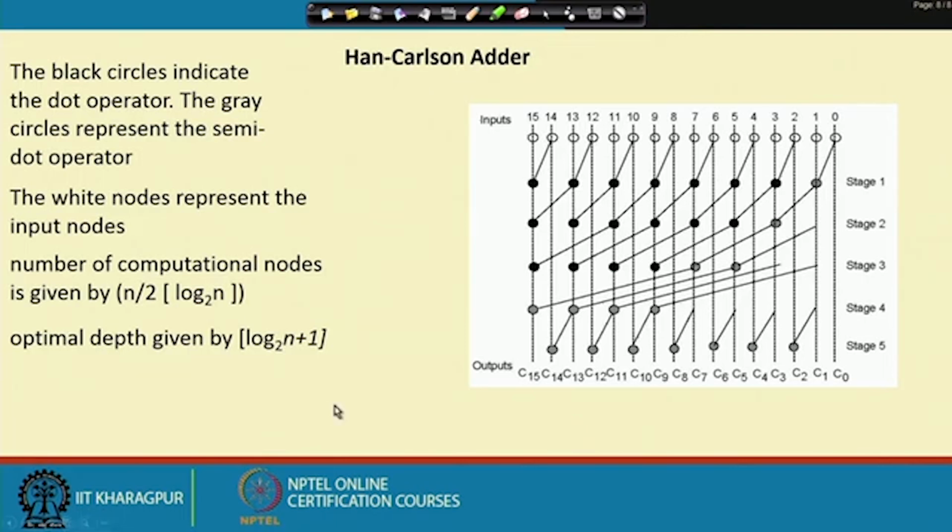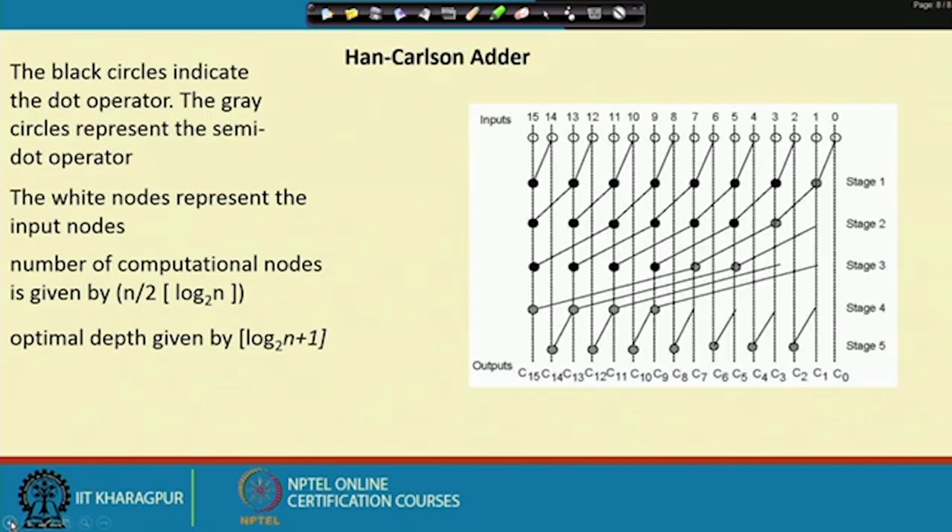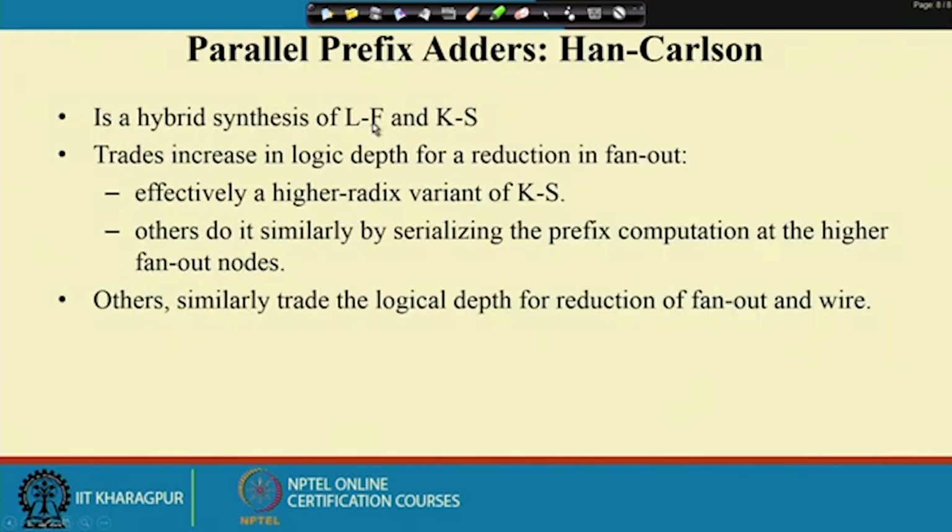Then we have the Ladner and Fisher adder. L and F is the Ladner and Fisher adder, and the Han-Carlson adder is a hybrid of these two, LF and KS.